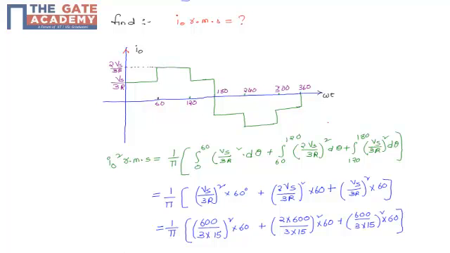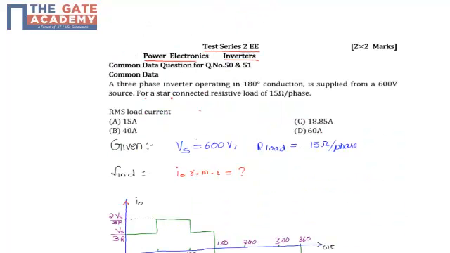For the first 60 degrees, the value is Vs by 3R, because in a three-phase inverter we have to take the resistor value as 3R, and after 60 degrees, the value is 2 into Vs by 3R.